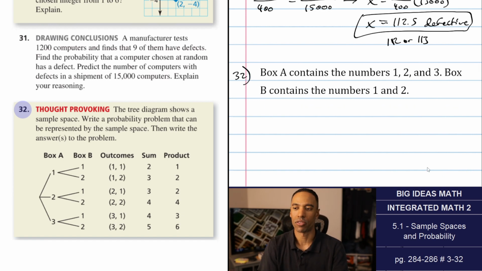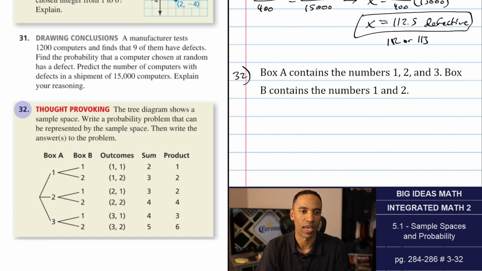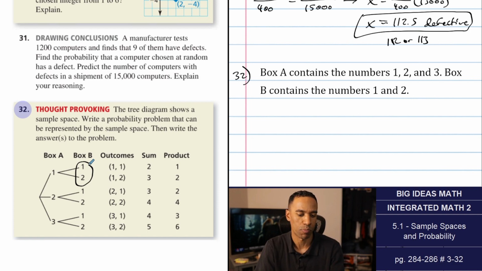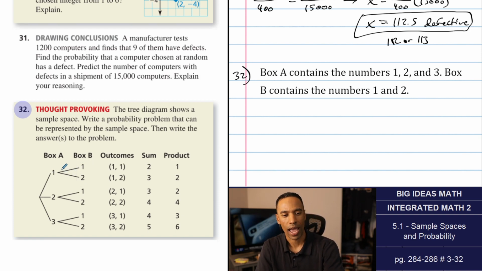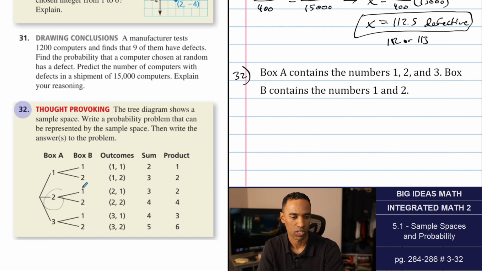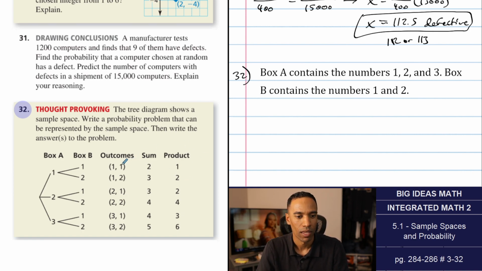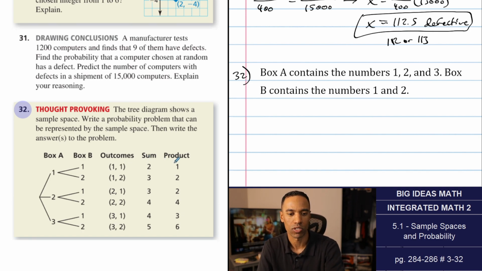What's happening in this tree diagram is that you can choose 1, 2, or 3 from box A, and you can only choose 1 or 2 from box B. Then they show what happens if you choose 1 from box A: you can choose 1 or 2, and those are the different outcomes. If you choose 2 from box A, there's 1. They show them separated by commas, so it doesn't look like 11 and 12 and 21 and things like that. And they show their sums and their products. 1 plus 1 is 2, 1 times 1 is 1, and things like that.